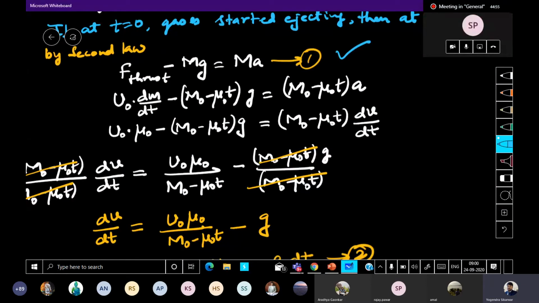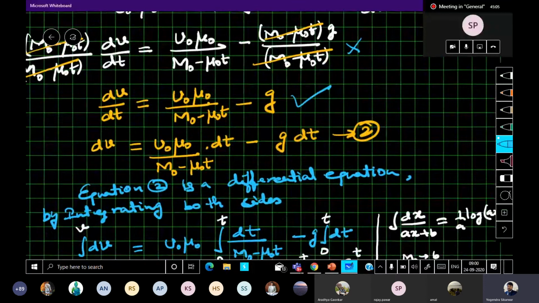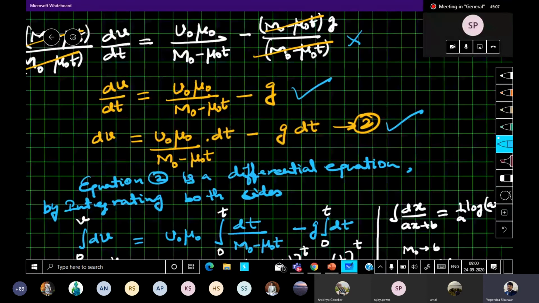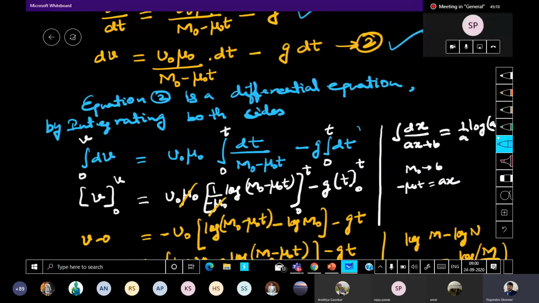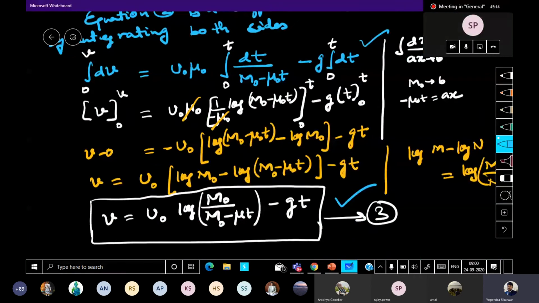This step, after that this step, then you can skip this, then this step, then this step, and then you can write this step directly. So you can give your answer in 5 steps rather than explaining each step the way I did. It is not needed.